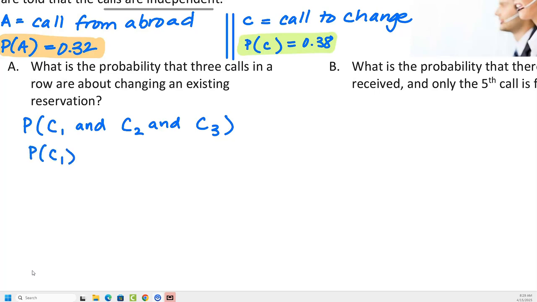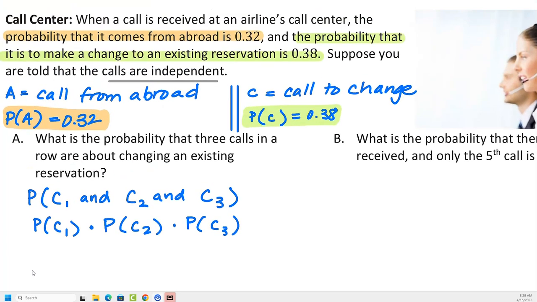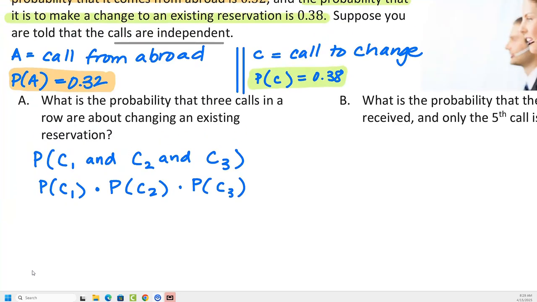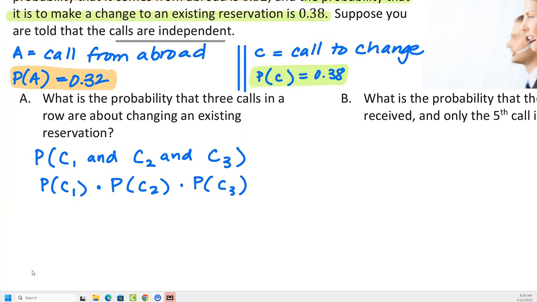If they're independent events, don't you just need to multiply them? Remember it said that at the beginning, in the last sentence, the calls are independent. So I get to just multiply those probabilities. The probability of a change is what's highlighted in green, so it's 0.38.